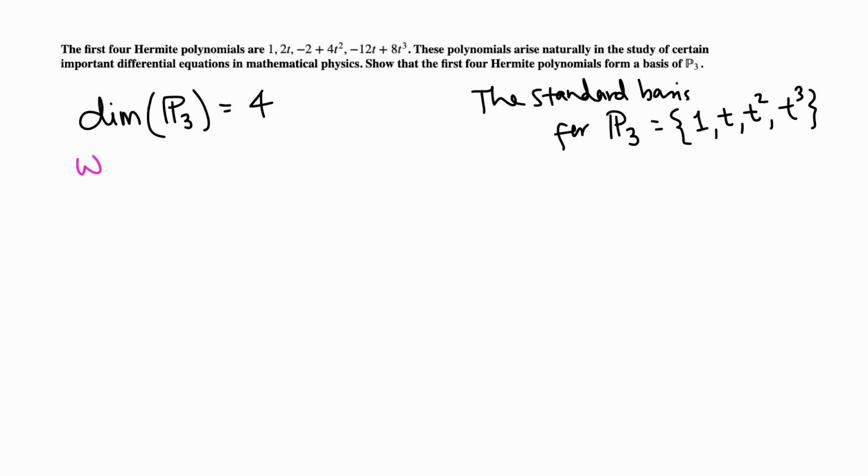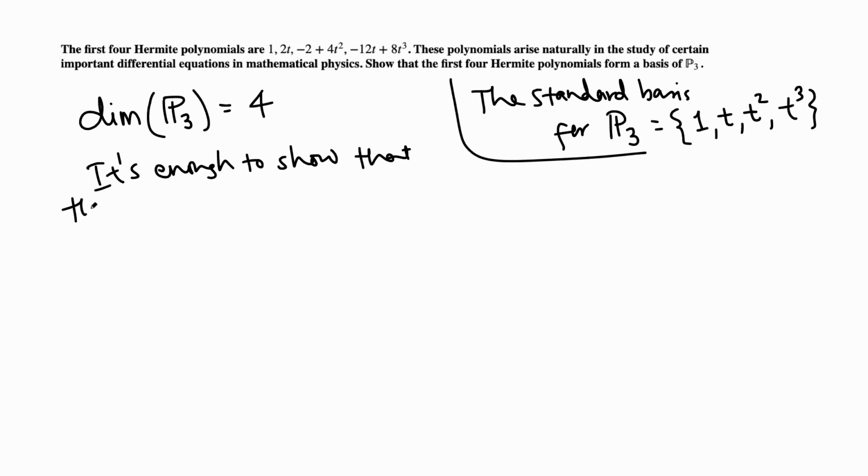So I'm going to write: it's enough to show that the given polynomials, 4 of them, are linearly independent since the dimensions match.